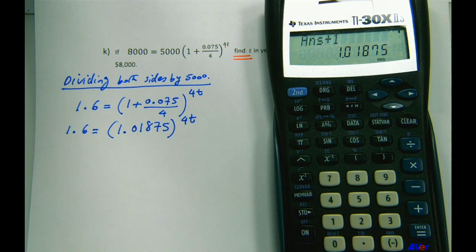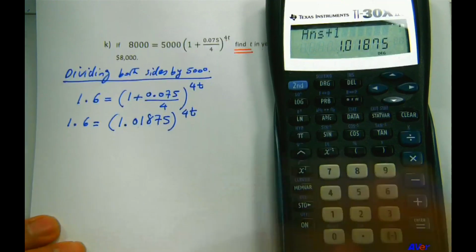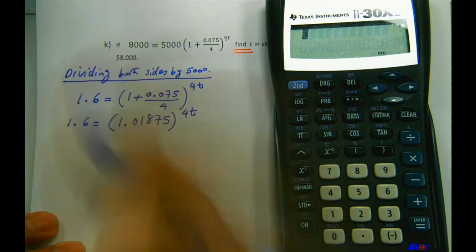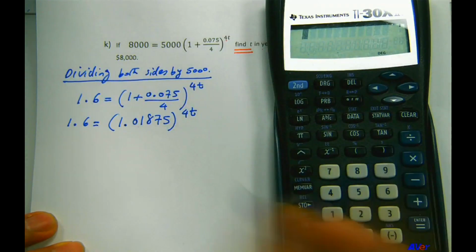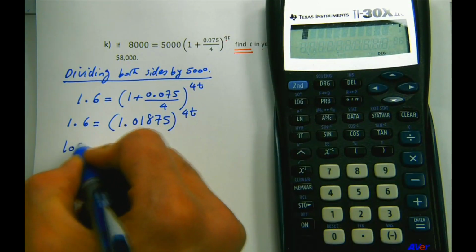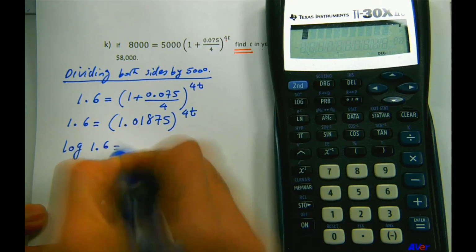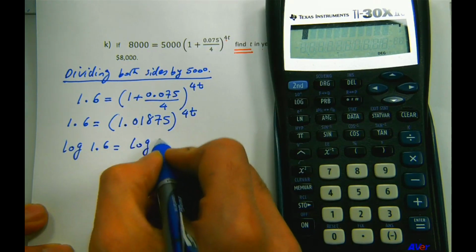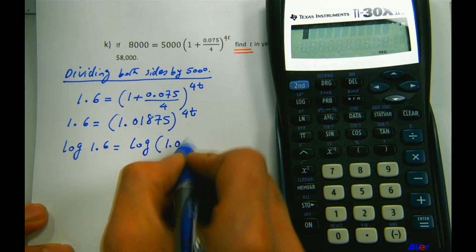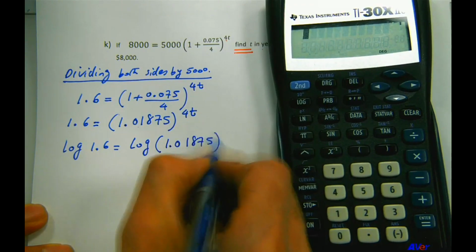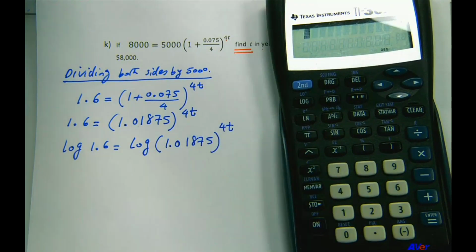There's no advantage. The steps to solving the problem are the same. They're not reduced. So it's okay. We can take the log or natural log of both sides. I'm going to take the log of both sides. So log of 1.6 equals log of 1.01875 to the 4t power.